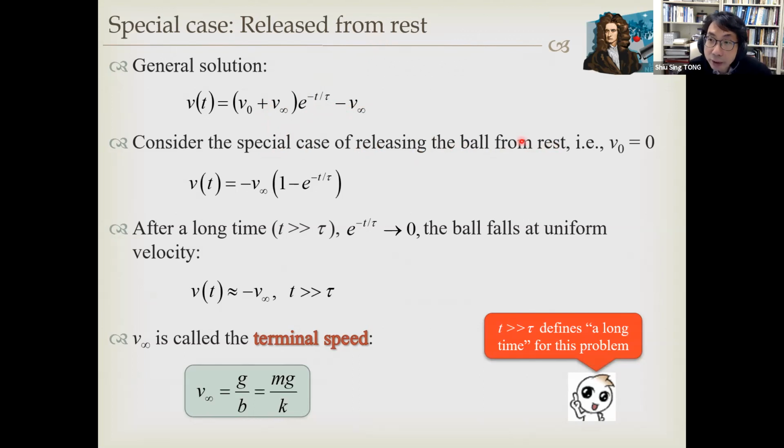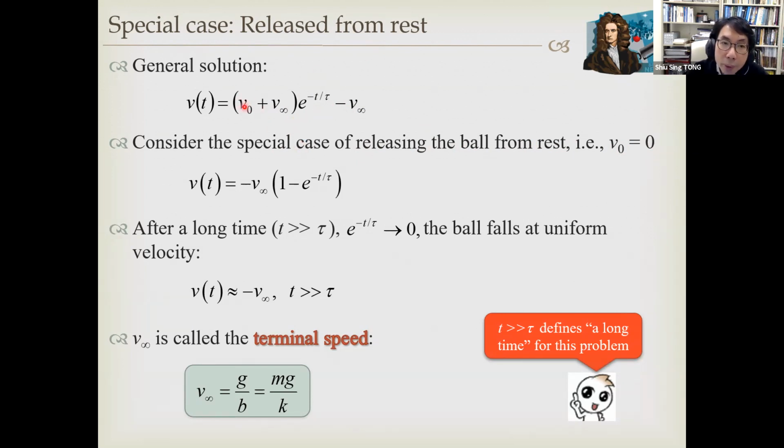If I release the ball from rest, that means the initial velocity of the ball is 0, because v naught is the initial velocity. So by putting v naught equal to 0 into the solution, we are handling the case in which the ball is released from rest. We just release the ball inside a viscous medium and let it fall. Okay.